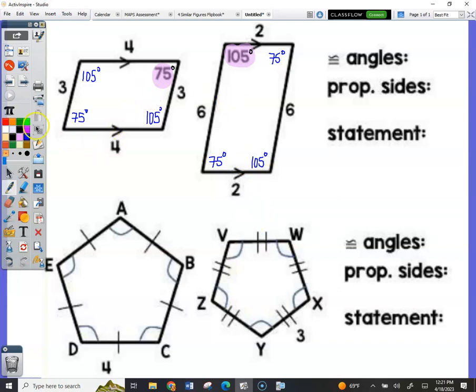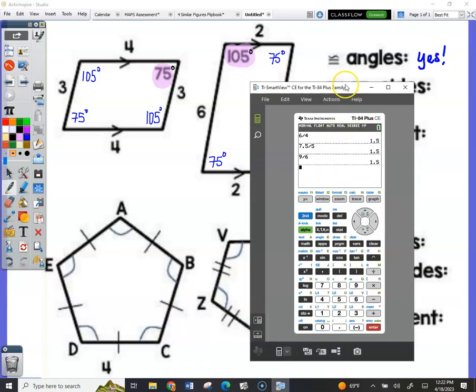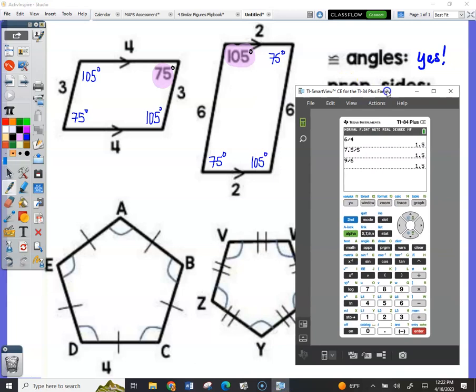So do the angles check out, that the corresponding angles are congruent? Yes, they do. Next is check the sides. Are the sides proportional? This is where you type in your calculator one side divided by the other and leave it. Do you get the same answer every time?